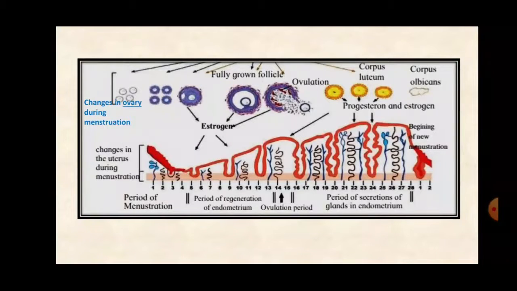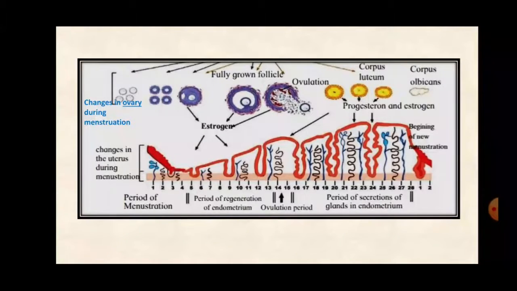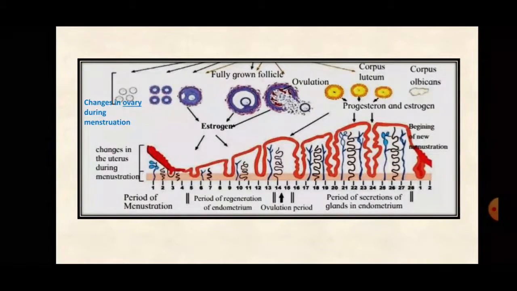You can see in the diagrammatic representation that the estrogen is secreted from the follicle, the purple diagram. This estrogen is then responsible for the formation or regeneration of the endometrium. The endometrium, students, is a lining of tissue that forms on the inside of the uterus wall.